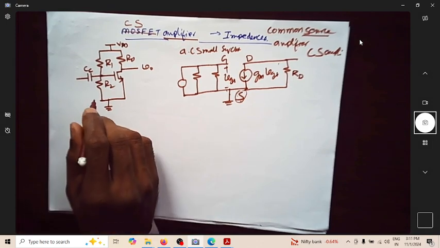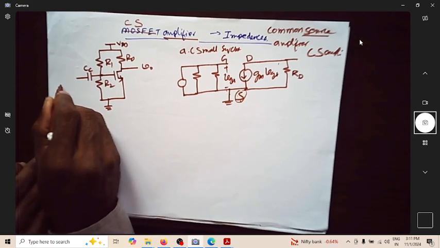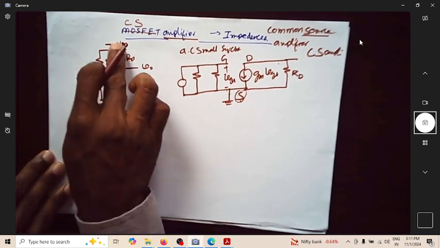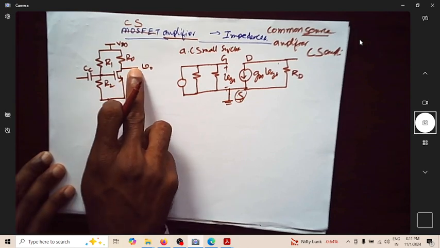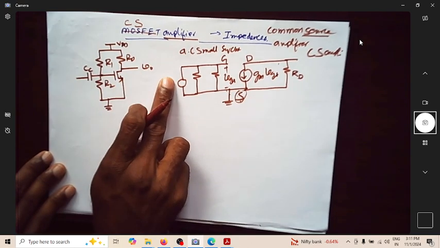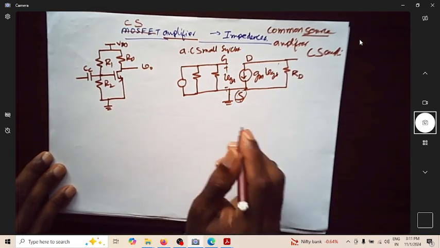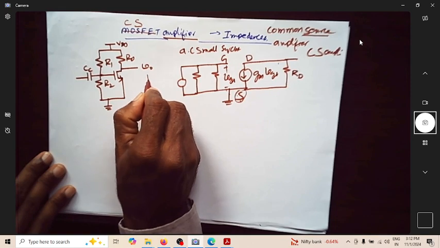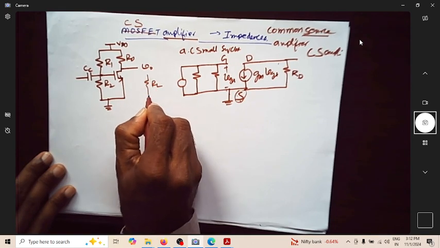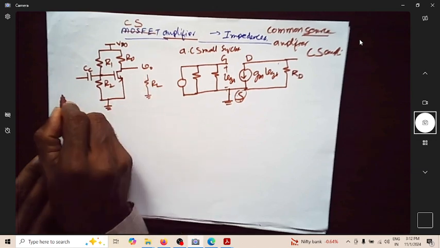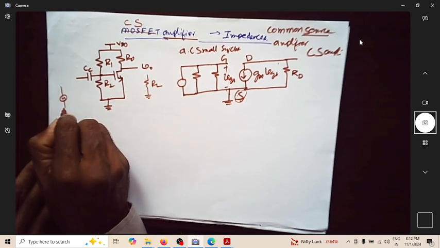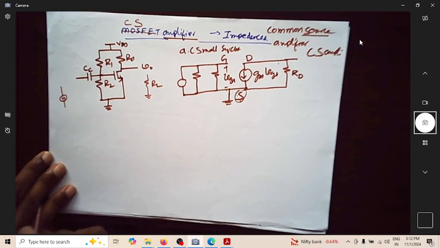Now I need to analyze. We know that this is the actual amplifier circuit. I'll apply the input voltage, and I will measure the output voltage here, or I will use this output voltage for some load. So I'll be having a load, maybe in the form of some resistor, connected to this, and of course I'll be connecting a voltage source as the input.